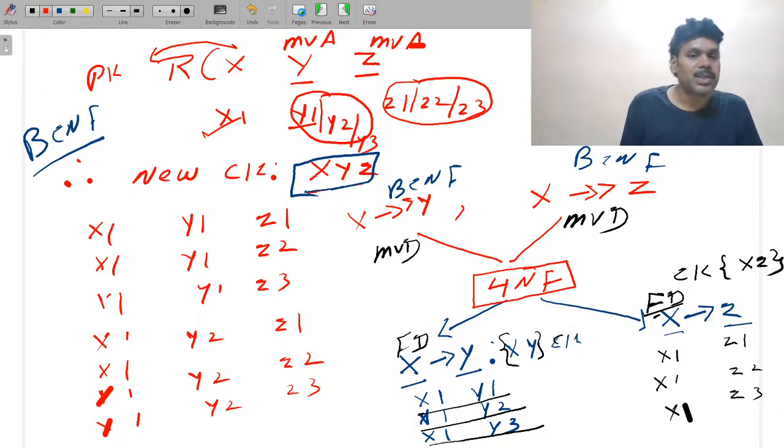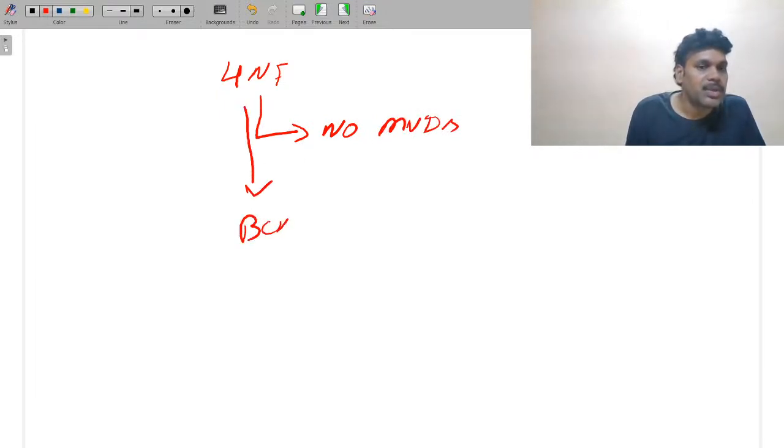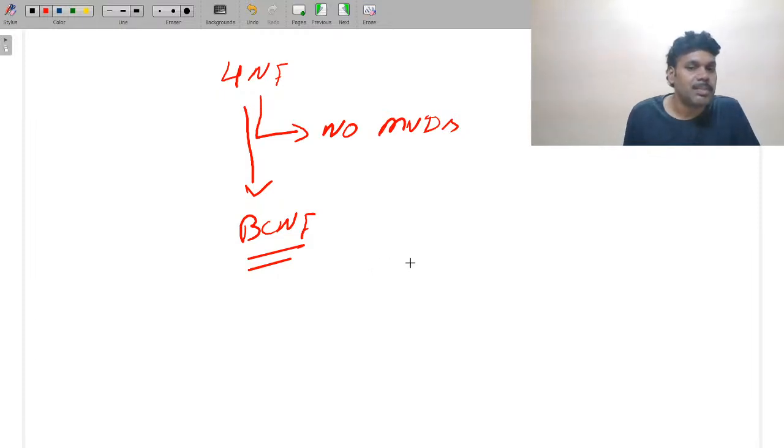Fourth normal form is saying strictly no multi-values allowed. It says that no multi-value dependencies are allowed, provided that you are already in BCNF. So how are you eliminating them? Very simple.